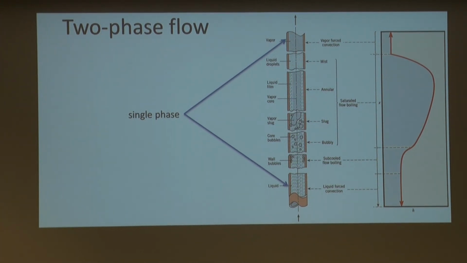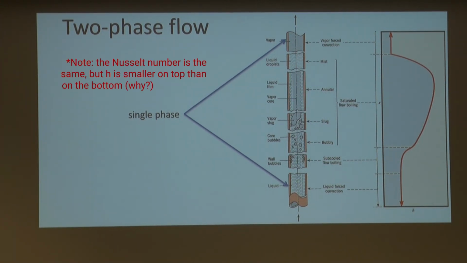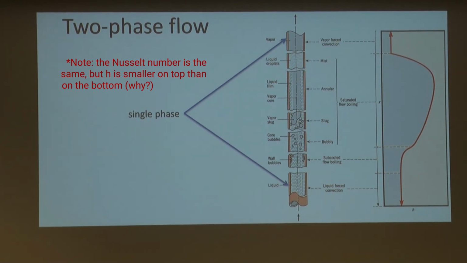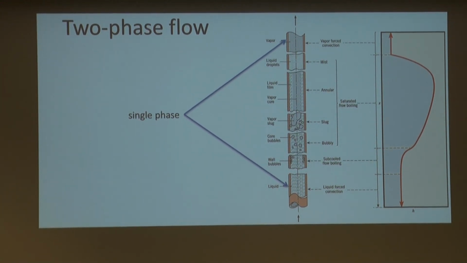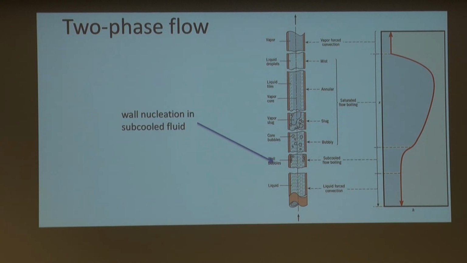On top, when it's all vapor, same thing again, and the Nusselt number would be more or less 4. Now, in the middle, things get interesting. Because when you have the two phases, the interaction between the two phases, the bubbles, help enhance the heat transfer coefficient.